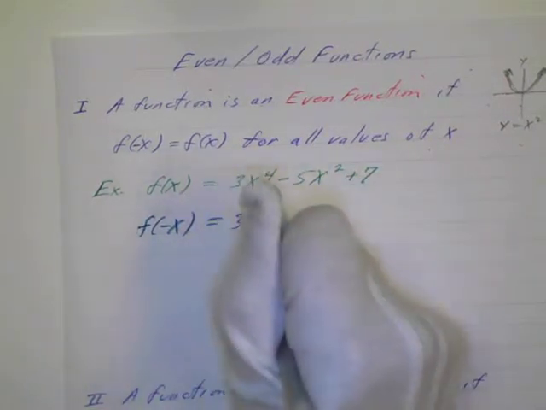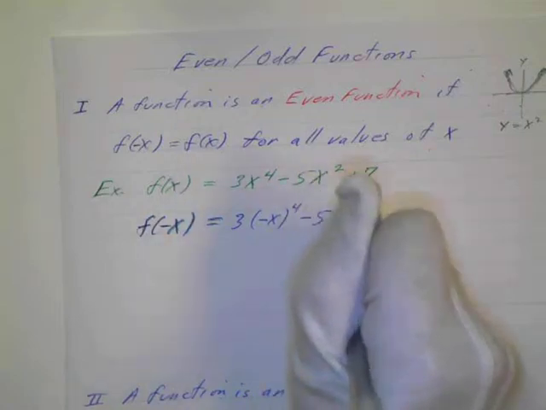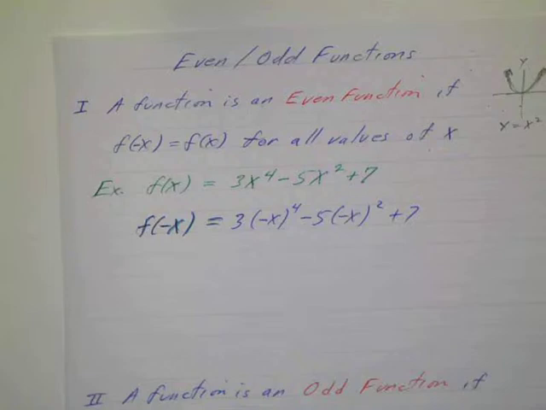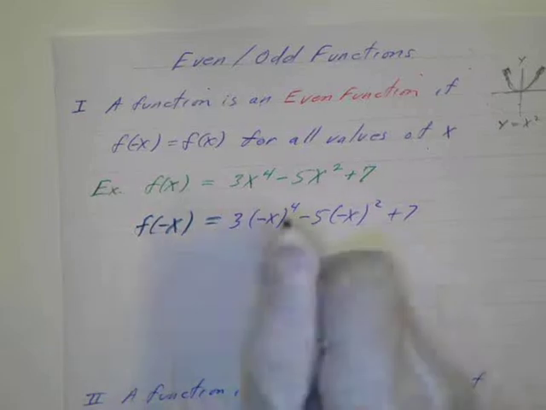So it's going to be 3 times negative x to the fourth minus 5 times negative x squared plus 7. So this is f of negative x. Every time we see an x, we put a negative x. And then we'll work this out.